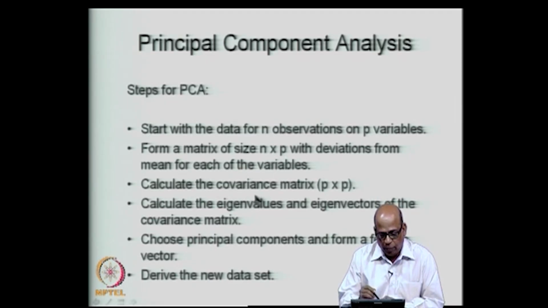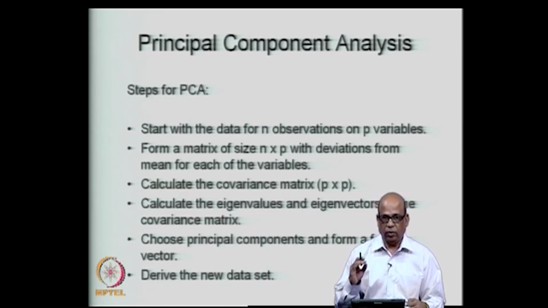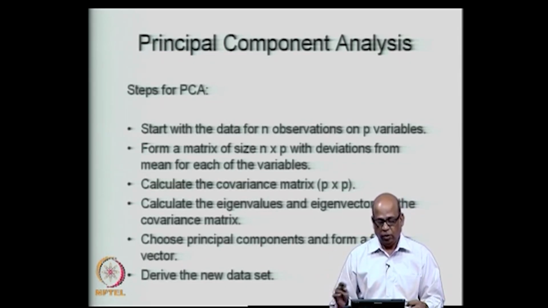Then this is an n by p matrix. So, we can obtain the covariance matrix. There are p variables. So, we also obtain a p by p covariance matrix, that is, the correlation of variable X1 with X2, X1 with X3 and so on, X1 with Xp, similarly Xp with X1, Xp with X2 and so on. So, you get a covariance matrix of p by p.